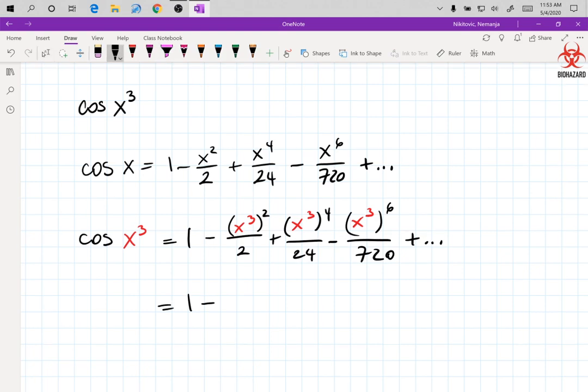Power of a power is x to the 6 over 2 plus x to the 12 over 24 minus x to the 18 over 720 plus dot dot dot, and that's going to go forever. And that would be the idea for how to get cosine of x cubed.